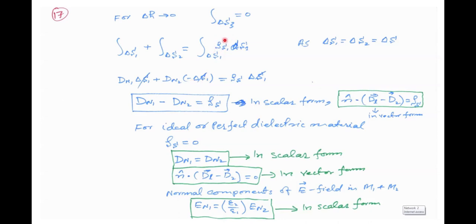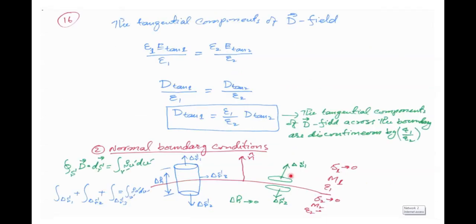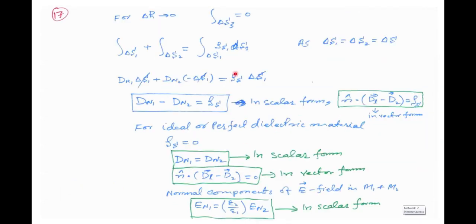And the total charge over the disk in material 1 is equal to rho s times delta S1. So we cancel the delta S1 on both sides, and we obtain this relation.